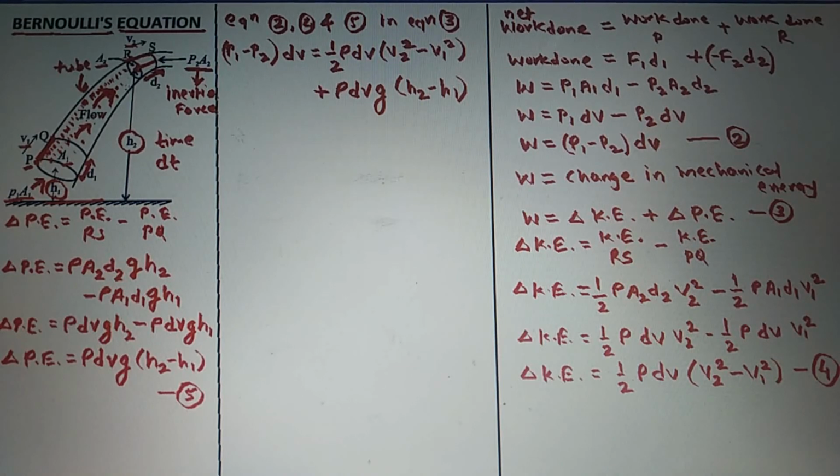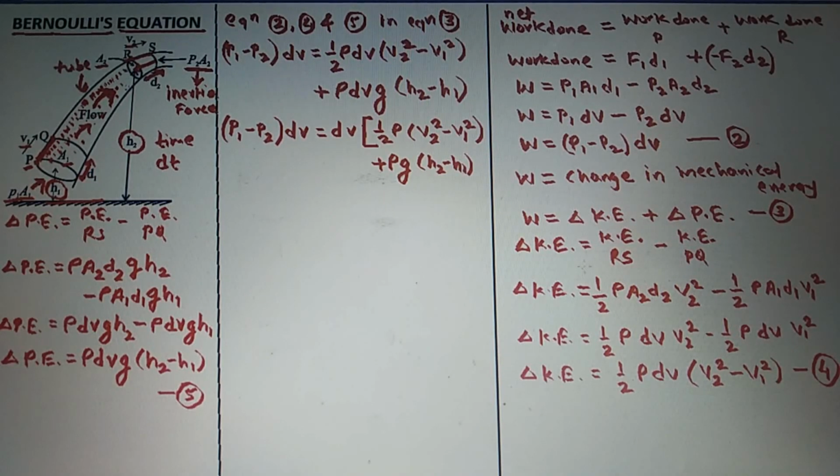Then we can write here (P1 minus P2) into dV is equal to, if we take dV common here, in bracket 1 by 2 into density rho in bracket V2 square minus V1 square, plus density rho into gravity in bracket H2 minus H1, bracket complete.